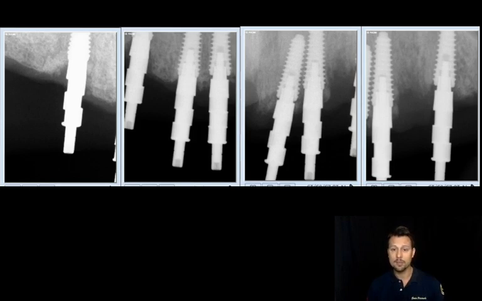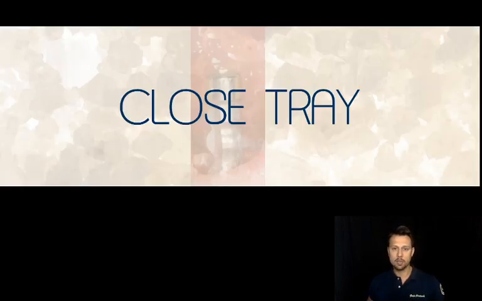That means that even if the impression is technically perfect, we have a false structure that is not correct. So every time we take an impression, it's very important to take a control X-ray with the transfer screwed in the mouth.